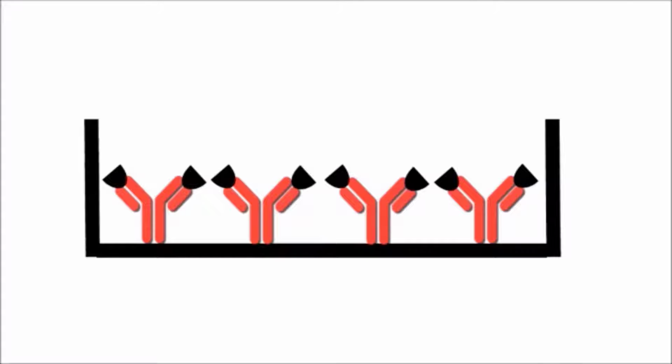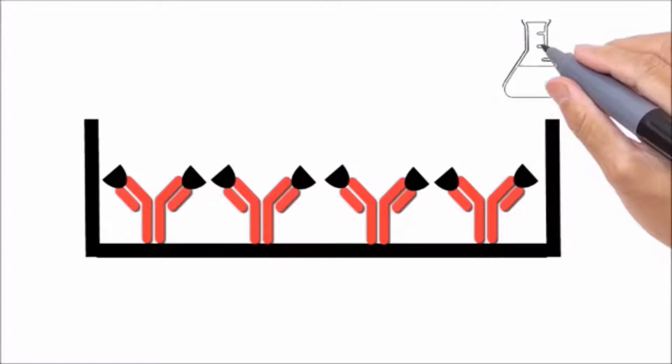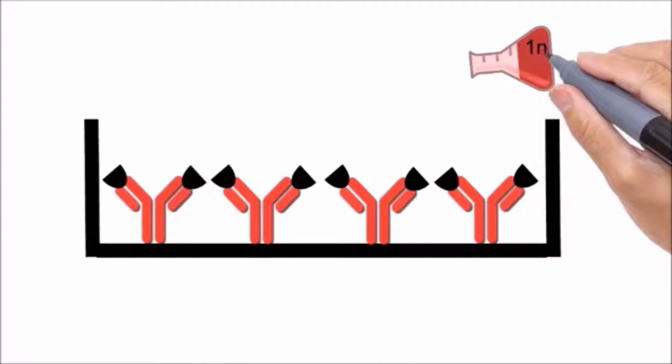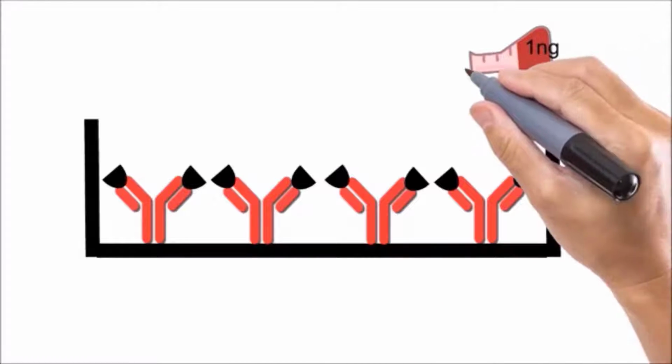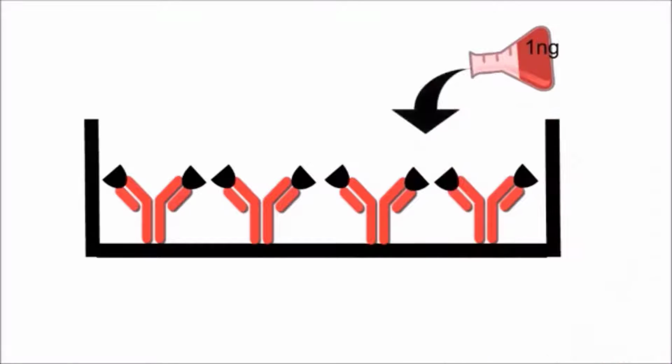After this, a very small but known amount of unlabeled antigen is added to the well, say 1 nanogram. So we have added 1 nanogram of unlabeled antigen to the well. What is the effect of this?